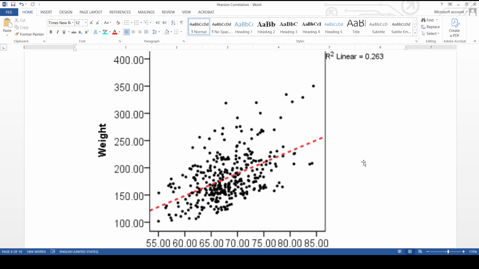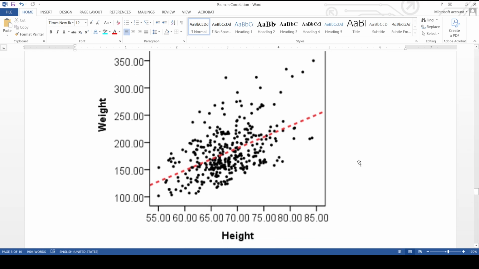Like we have this graph now, the horizontal is the x-axis. On this particular one, the horizontal axis is where you have the height, and the other one is the weight. So you have data on height and weight for each member of the population.